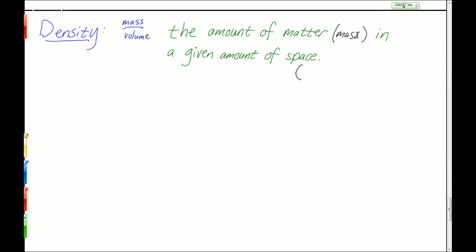And the given amount of space is usually 1 milliliter, which is the same as a cubic centimeter. So we've got this block here. I think I measured this the other day. This little square here, which I can't seem to get off.